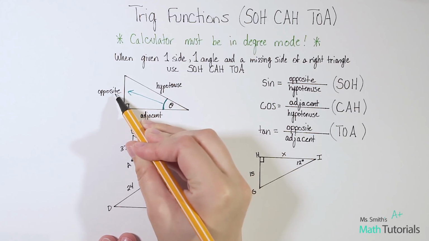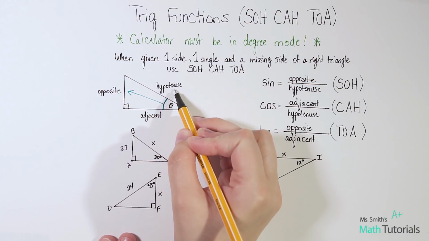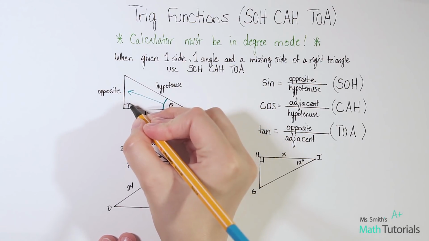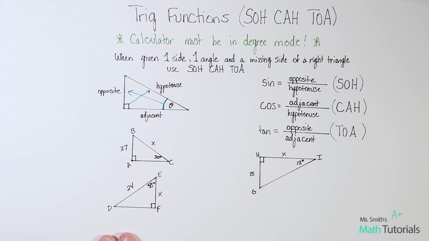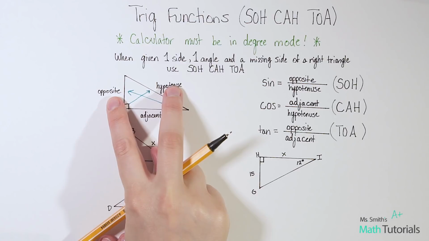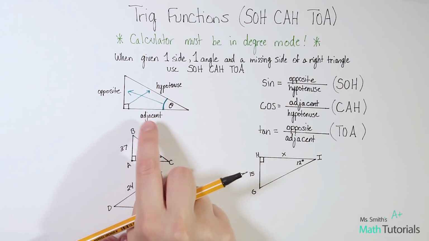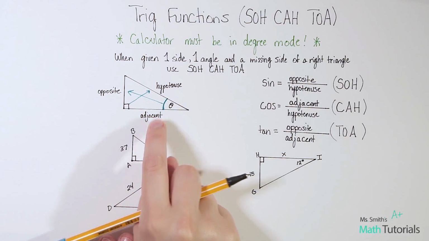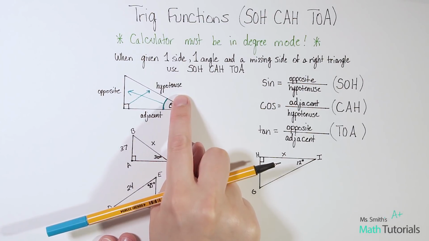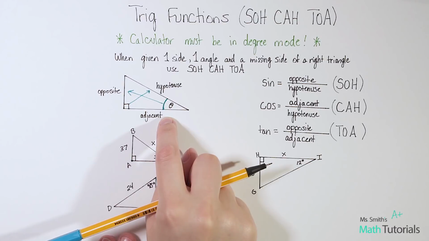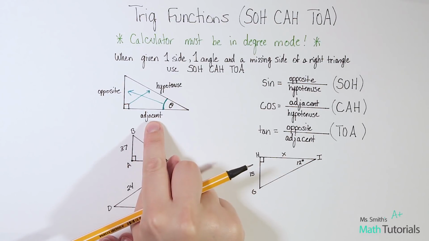Look straight across. We talked about the hypotenuse, that is the one straight across from the right angle. Sometimes it helps to label those two first, and then whatever side is left is the one that touches the angle but is not the hypotenuse. That's your adjacent.